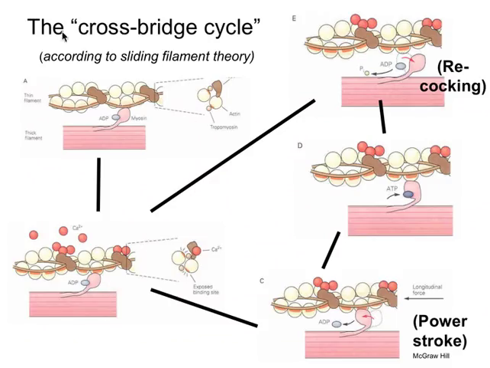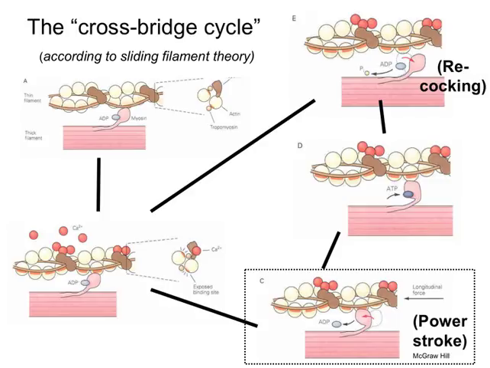Okay, and this is what is referred to as the cross-bridge cycle. At a microscopic level, this is mechanistically how thin and thick filaments move relative to each other, and in this case, allow the muscle to shorten.